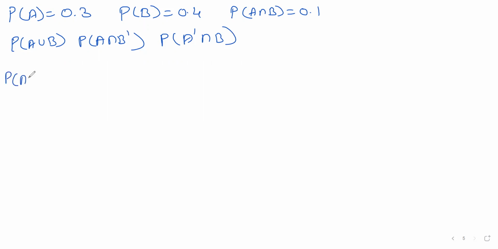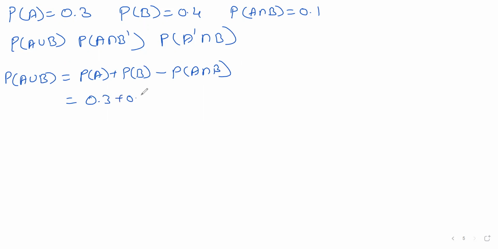तो P of A union B क्या हो गया? P of A plus P of B minus P of A intersection B. I will use all dependent का formula. 0.3 plus 0.4 minus 0.1, that is 0.6.